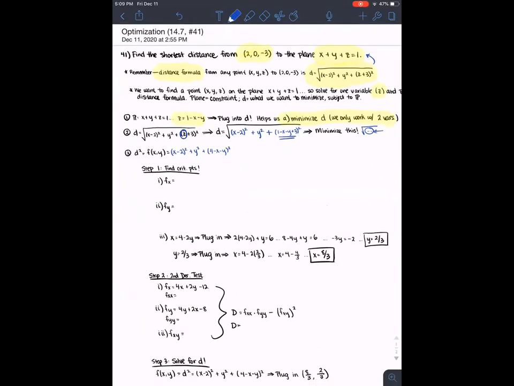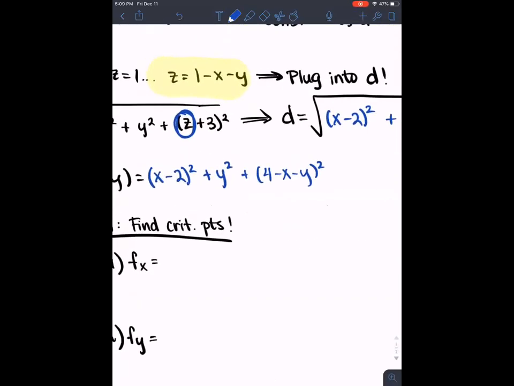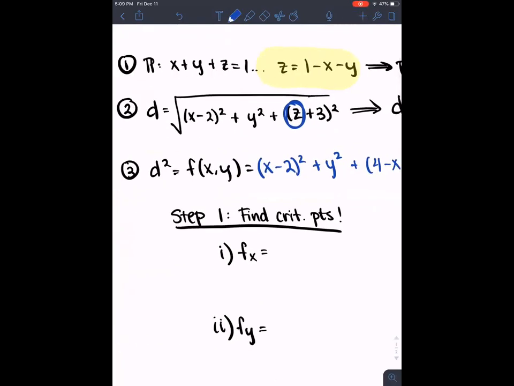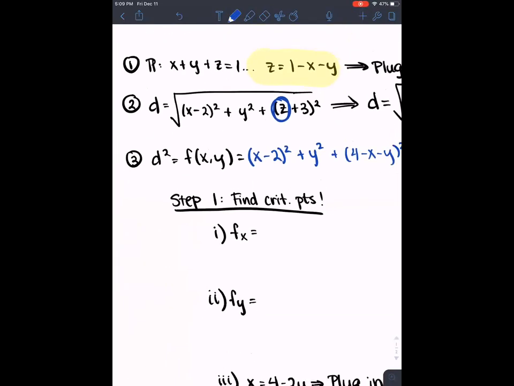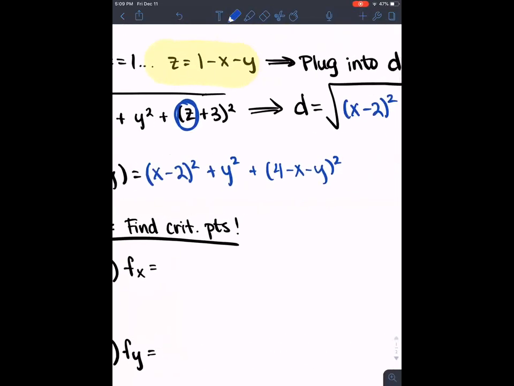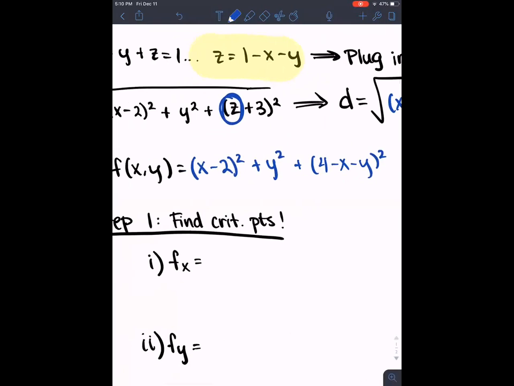Now, the first thing we need to do, now that we have our final equation of the distance formula that is only two variables, is find the critical points. The first thing to do to find critical points is take the partial derivative with respect to x. So if your f(x, y) is this equation, your f_x, the partial derivative with respect to x, will become 2 times (x - 2).